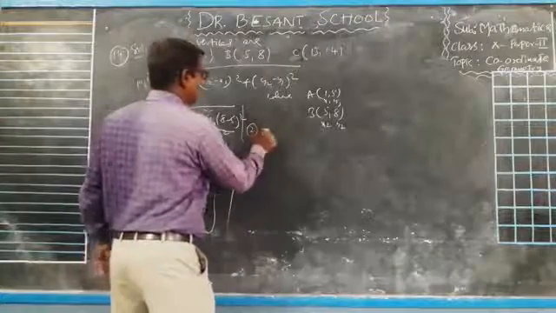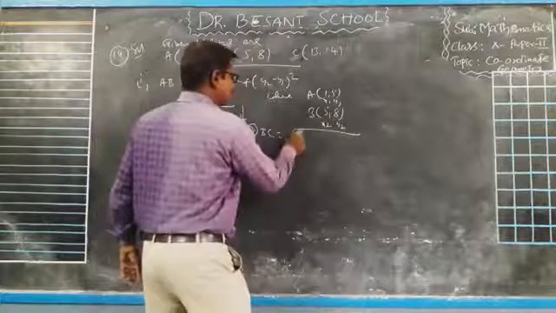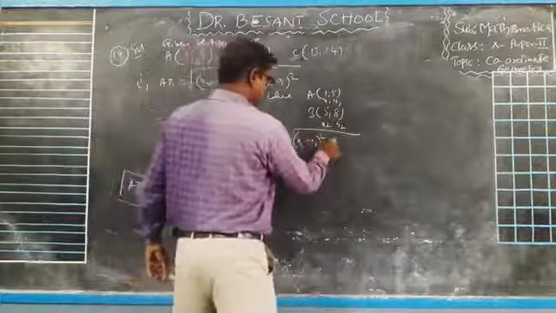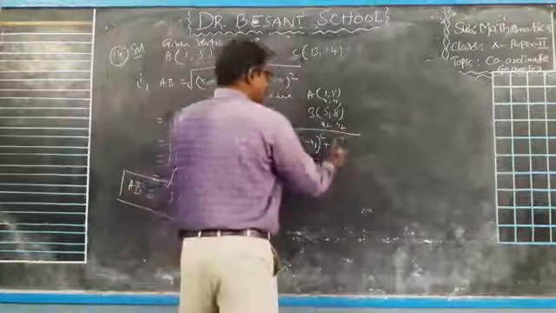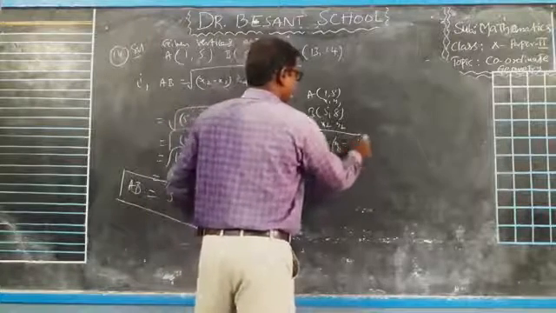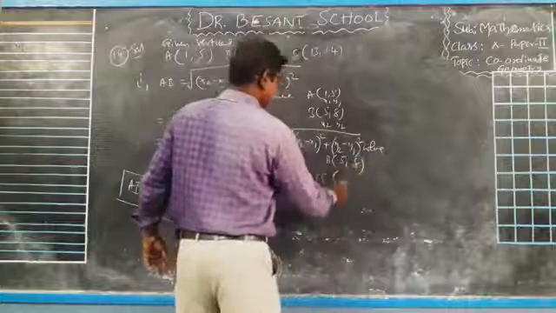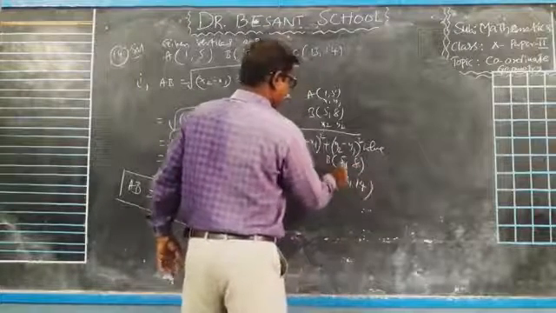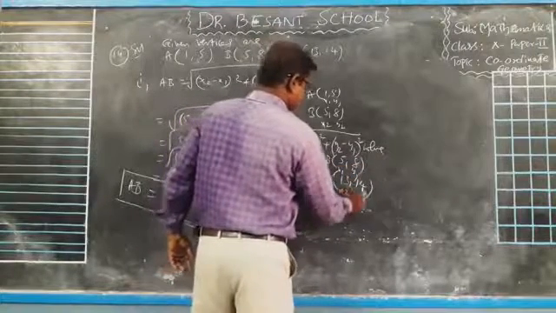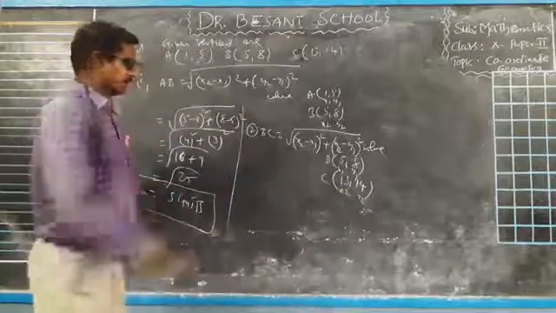Secondly, we have to find BC. Root over (x2 minus x1) whole square plus (y2 minus y1) whole square, where B is (5, 8) and C is (13, 14). Let them be (x1, y1) and (x2, y2). Okay, children.